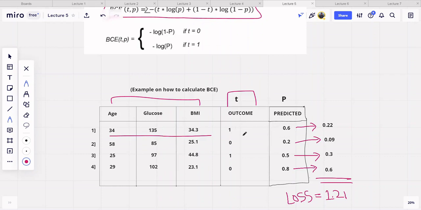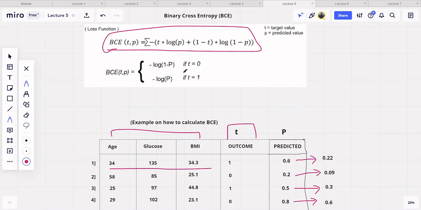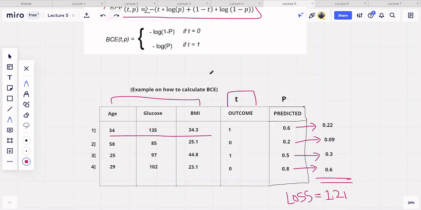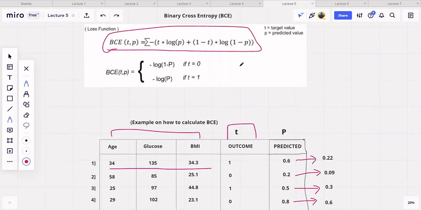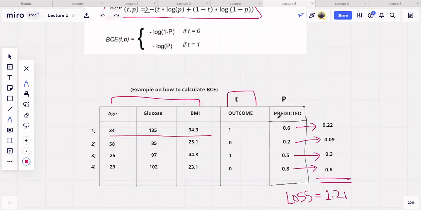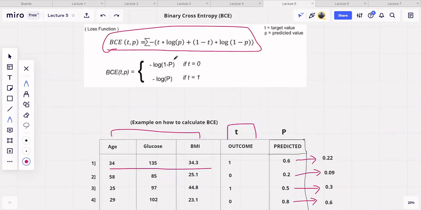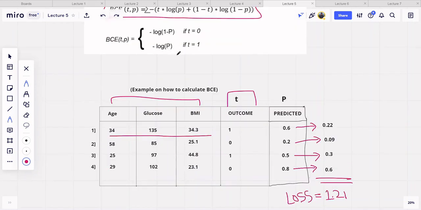According to the condition, if the true value is 1, then we use minus log of p, where p represents the predicted value, which is 0.6 for the first sample. So we find the minus log of 0.6, which is 0.22.